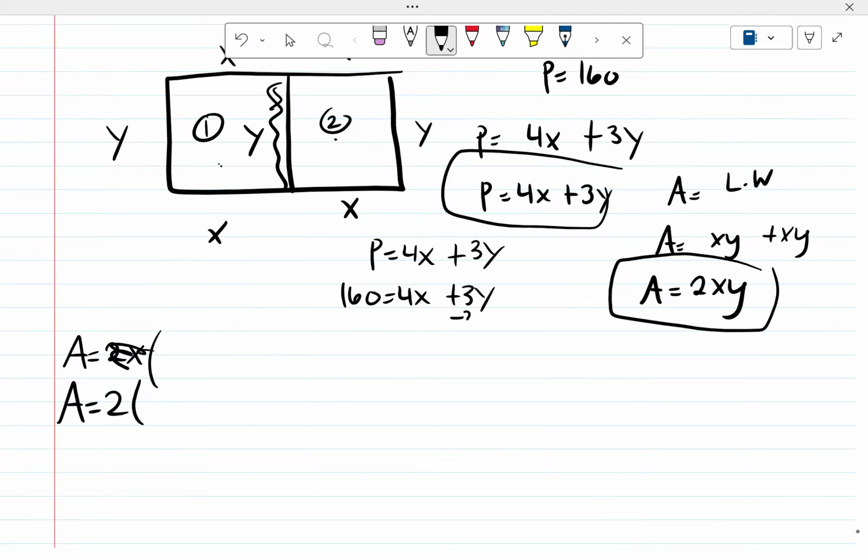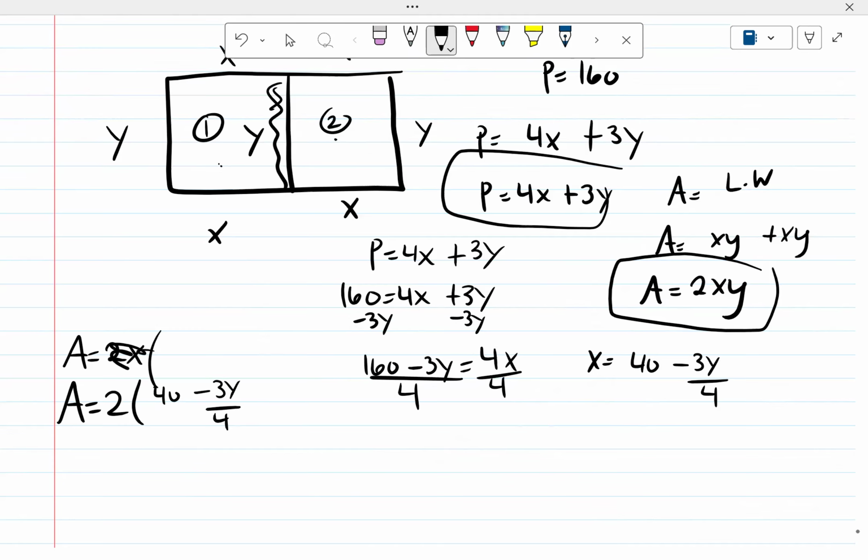So I'm going to subtract 3y from both sides, you get 160 minus 3y equals 4x, divide all this by 4. So you get x equals 40 minus 3y over 4.